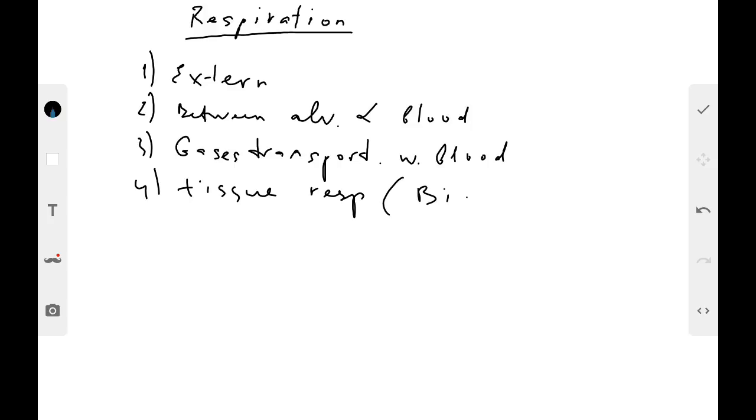Biochemistry will give this information in detail. We will speak about the first three stages of respiration. We begin with external respiration.